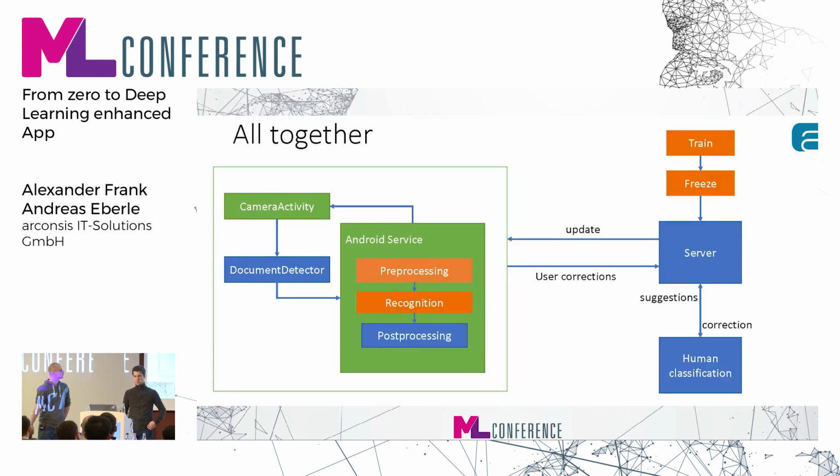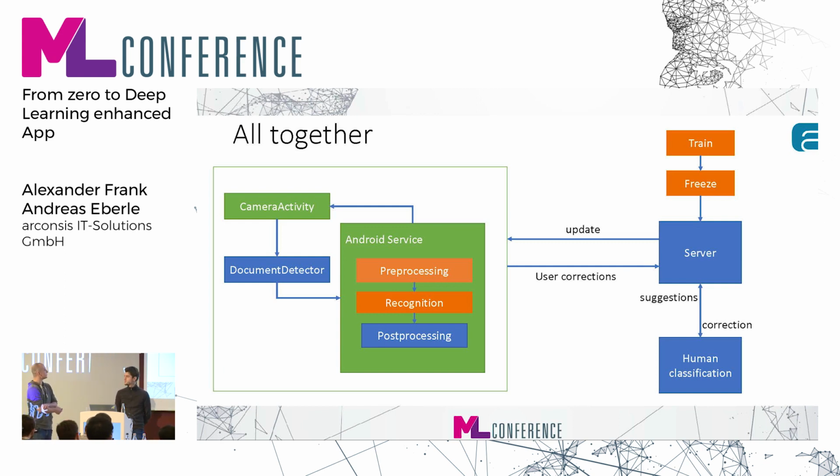Okay, so just to bring it all together, how does the whole picture look? On the left, the big green box is the Android app. We already saw the pictures. The only thing that changed is we swapped out the preprocessing, used the autoencoder we just showed, and threw away the more traditional stuff.